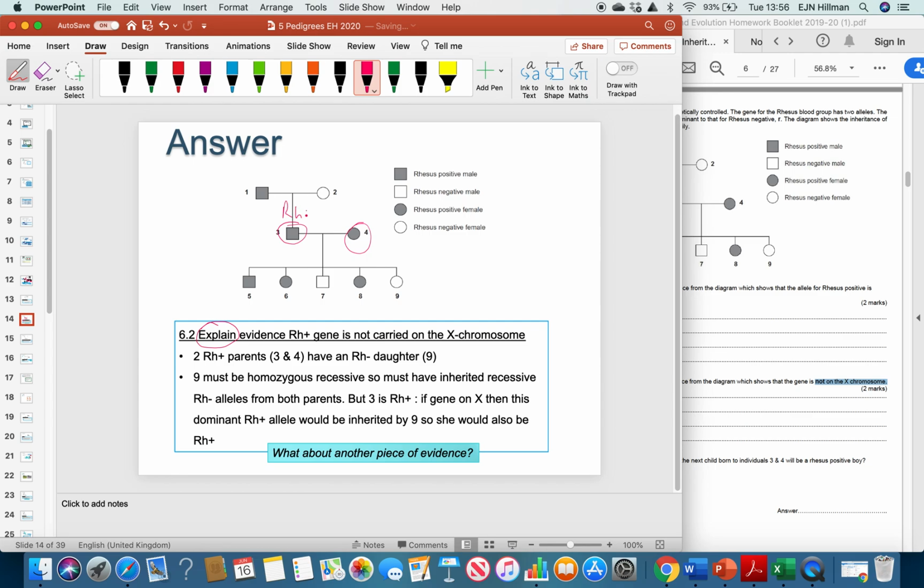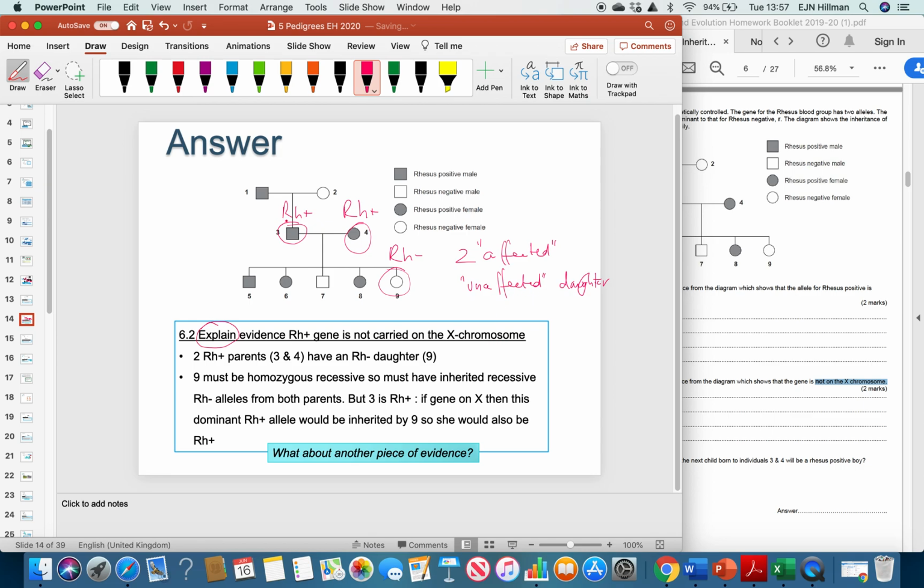So rhesus positive, producing a daughter who was rhesus negative. Or two affected parents. When I say affected, try not to use that term; I'm being very general.